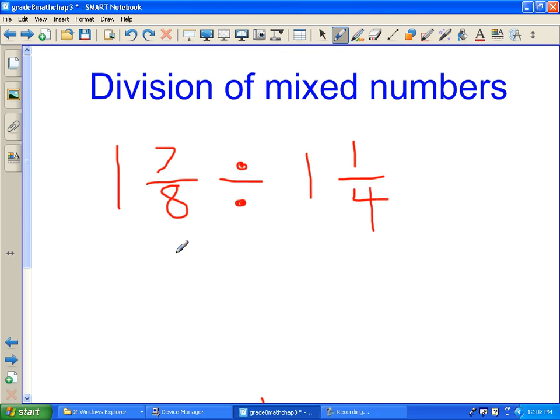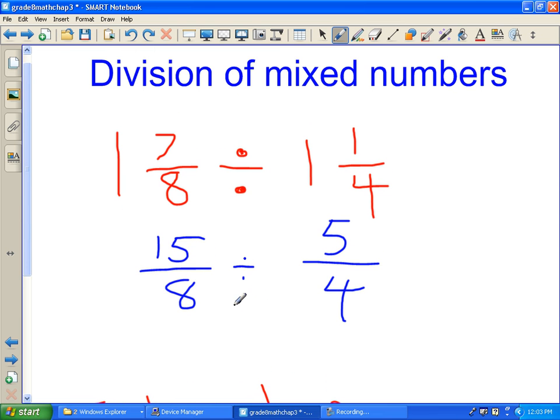For this one here, we've got mixed numbers now, and it's a little bit harder to do them, only in that you've got to change these to improper fractions. So let's change them. So 1 times 8 is 8, plus 7 more is 15. And we've got 1 1/4, so we'll change that to an improper fraction. 4 times 1 is 4, plus 1 more is 5.